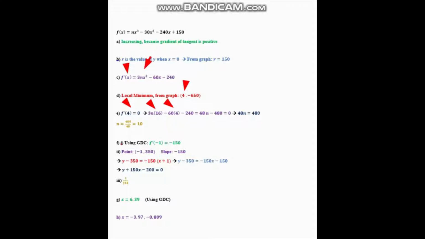I've just plugged 4 into the two x's, minus 240, which is equal to 48n minus 480 is 0. And it is 0 because f dash is 0 at the minimum point. Hence 48n equals 480 and n equals 10. So let's rewrite f of x now that we have n equals 10.